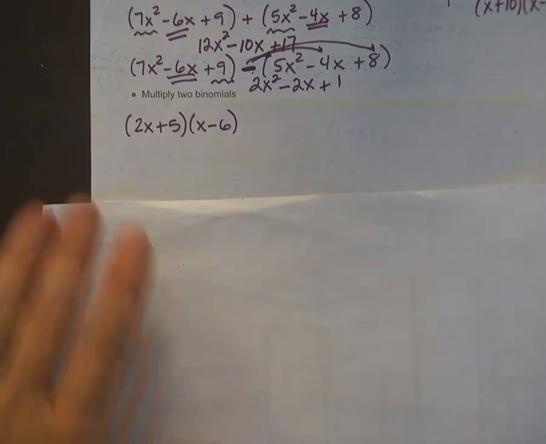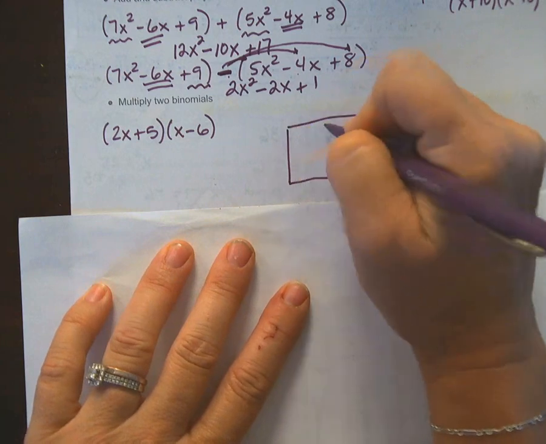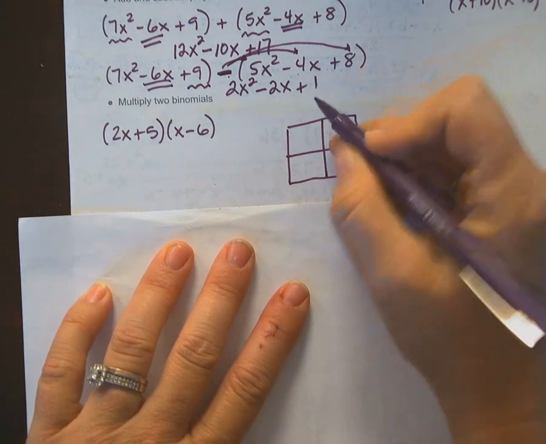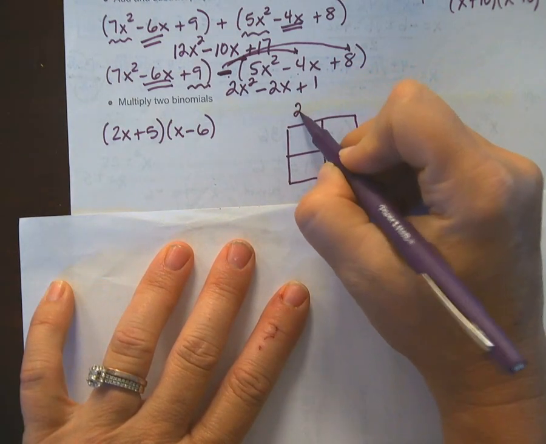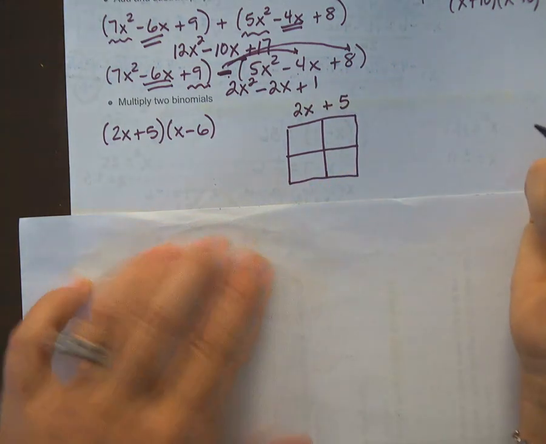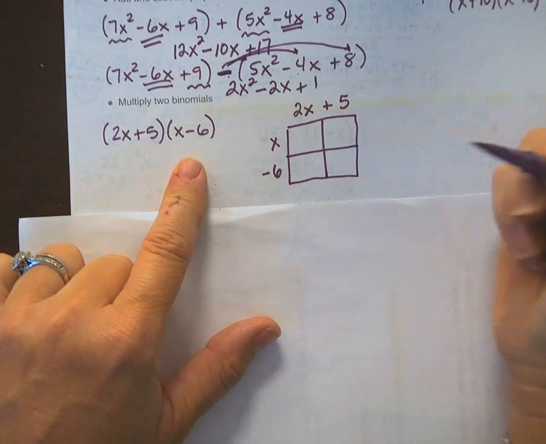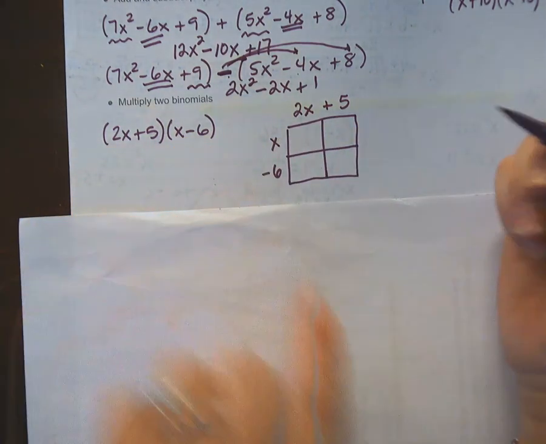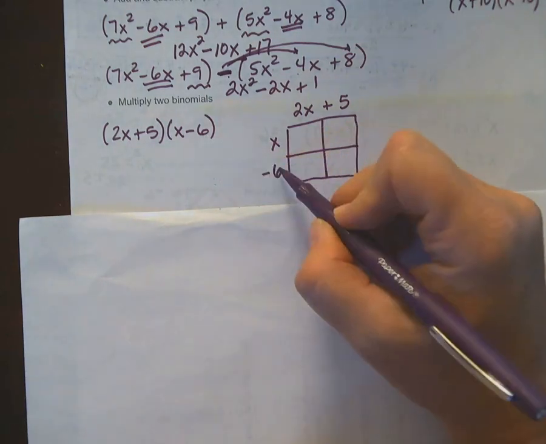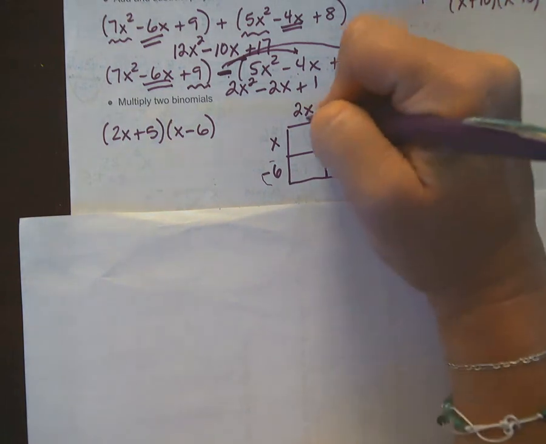Okay, the next thing you'll have to do on the exam is multiply 2 binomials. So the way that I do this is we put one binomial across the top of our rectangular figure. We put the other binomial along the width or along the side, making sure that the minus 6, this minus, makes that number negative 6.